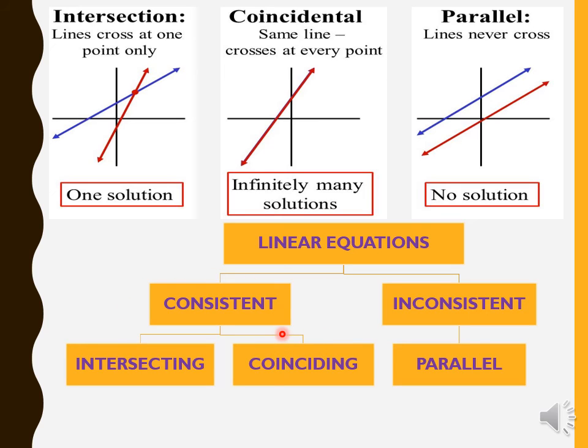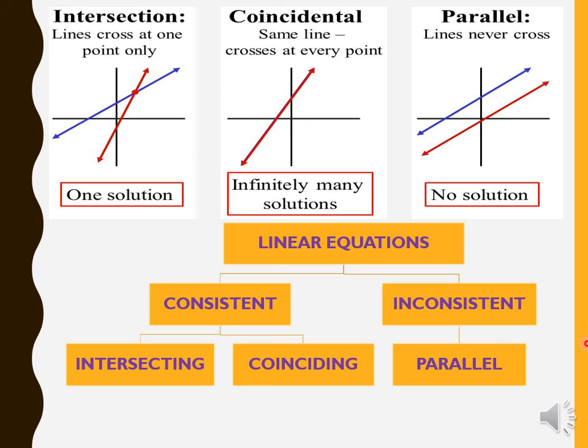The pair of linear equations will be consistent with each other. But for parallel, we don't have any solution. That means for inconsistent linear equations, we do not have any common solution for the pair of linear equations. So for consistent, we will have a solution. For inconsistent, we will not have any solution for the pair of linear equations.